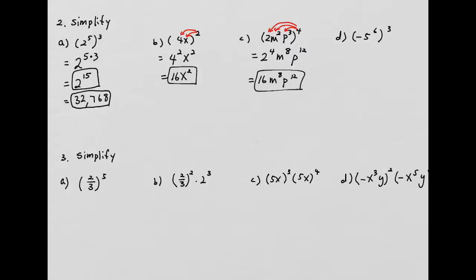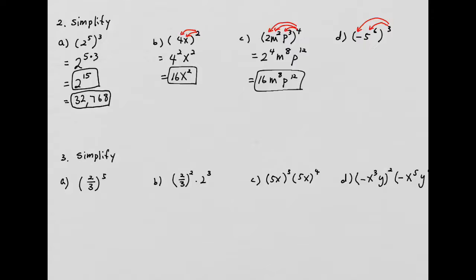What about the next one, D? You have negative 5 to the 6th exponent to the cube. So here, you have to be careful how many times you're distributing the cube. This one, you need to distribute the cube 2 times. Why? Because you have to distribute one time to the sign, and then a second time to the number 5, 5 to the 6th, right?